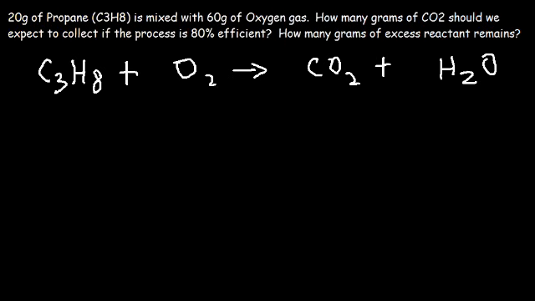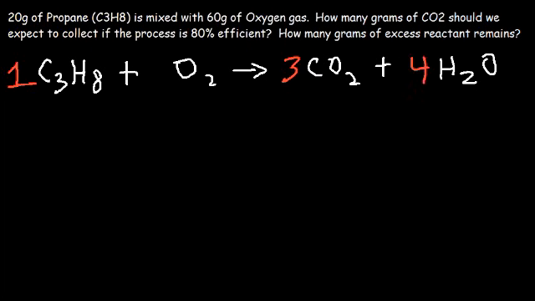Whenever you wish to balance a combustion reaction, you want to do it in a certain order. Balance the carbon atoms first. Notice that we have 3 carbon atoms on the left side, so we need to put a 3 in front of CO2. And we have 8 hydrogen atoms on the left. 8 divided by 2 is 4. So let's put a 4 in front of H2O.